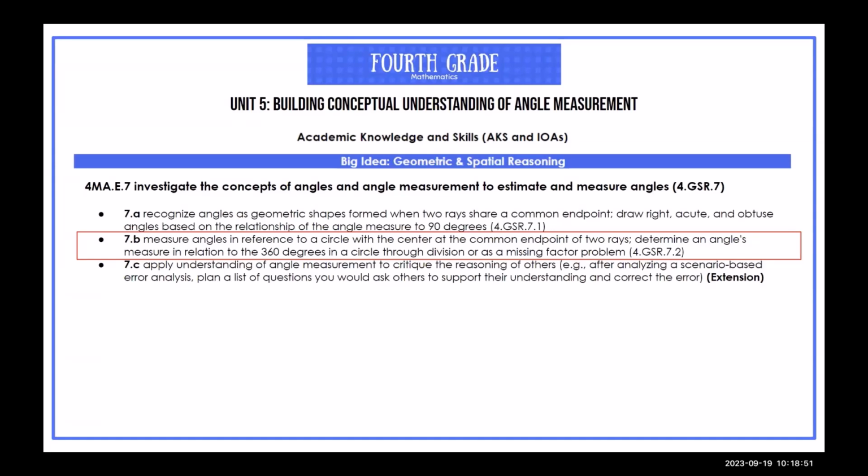It is important that students have multiple experiences with a 360-degree protractor prior to using a 180-degree protractor. Please note again that students are not required to use a 180-degree protractor in fourth grade. The protractor is one of the most poorly understood measuring instruments.